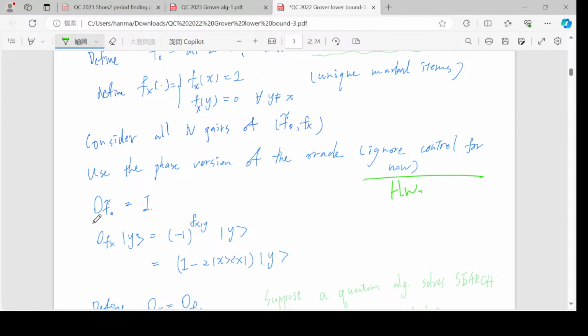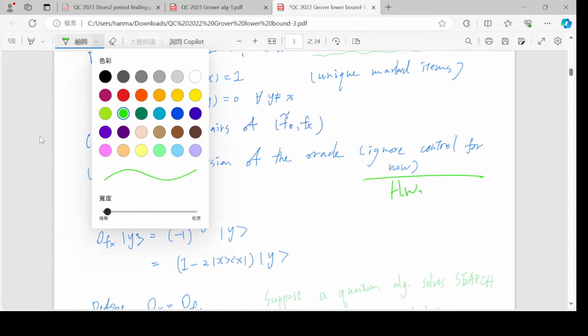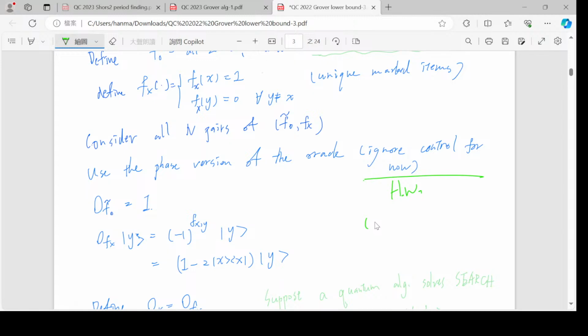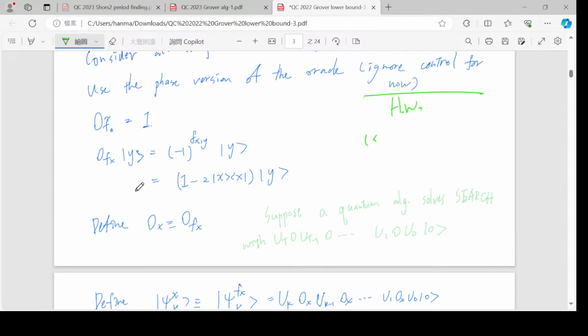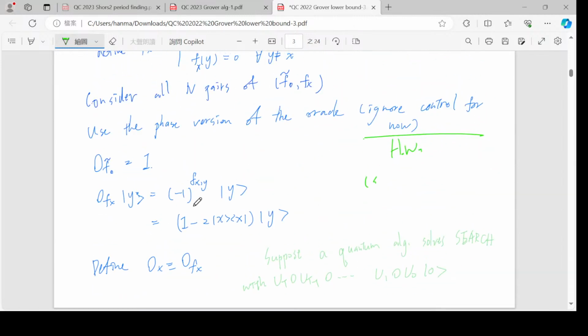So we ignore the control register, and we also assume no NC, to simplify the calculation a little bit.